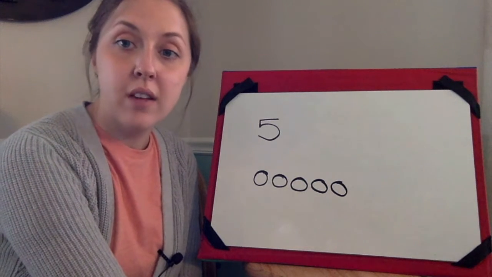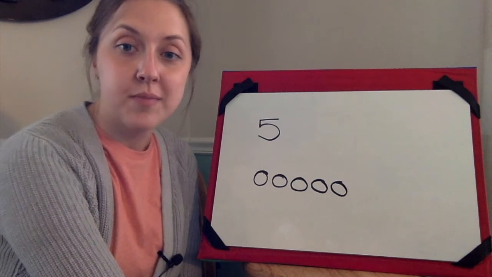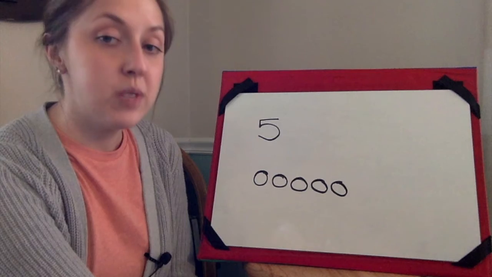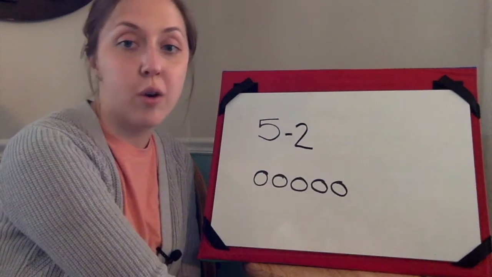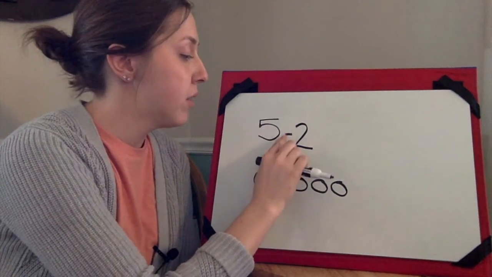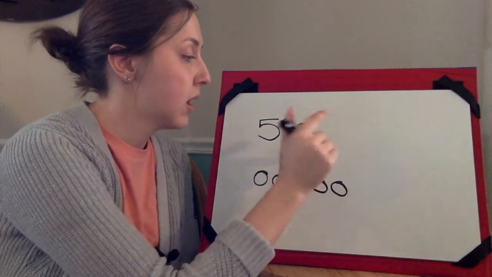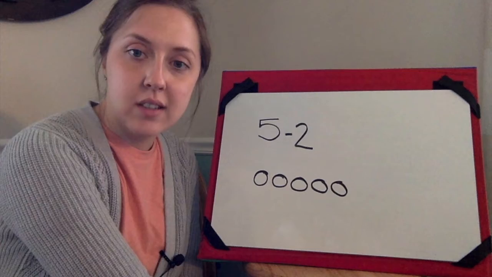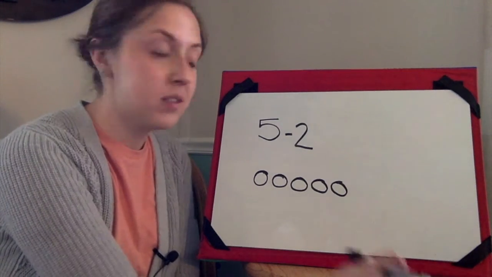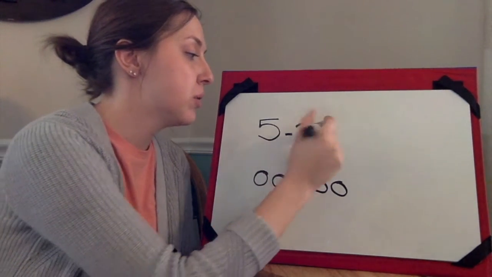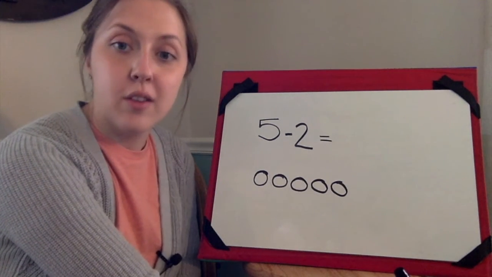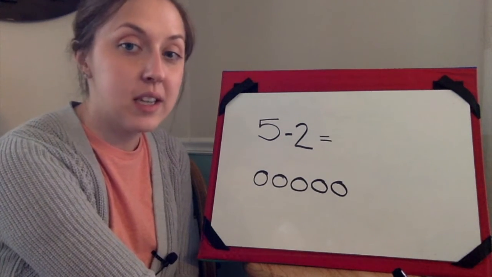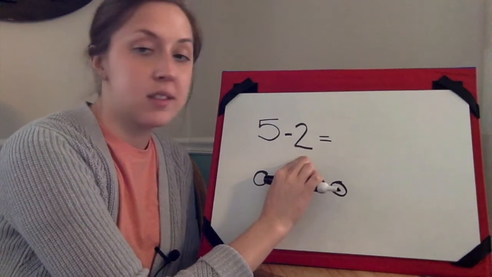Now I have 5 ducks swimming in a pond, and 2 ducks decide that they want to go back home for dinner. 5 minus 2. How many ducks are left in the pond? 5 minus 2 equals what? Now, the first thing I need to do is figure out how many ducks left the pond. 2 ducks left the pond.